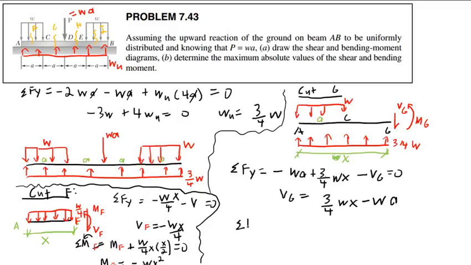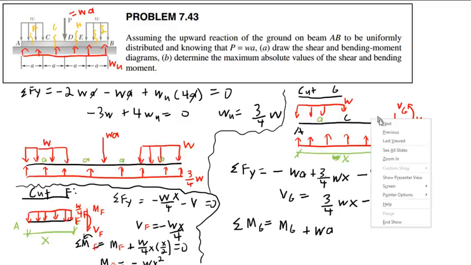Then a sum of moments about point G is going to be equal to, actually, yeah, we'll do about G. So first I'm going to just have MG plus WA times a distance.